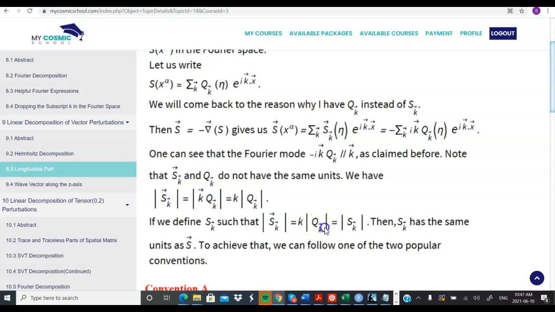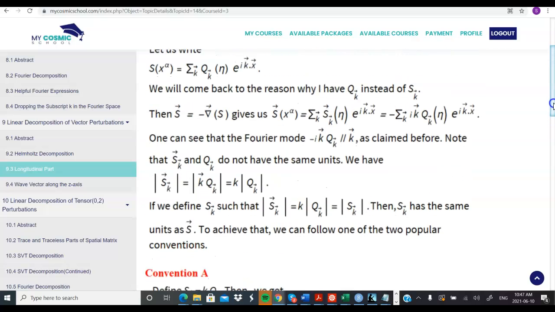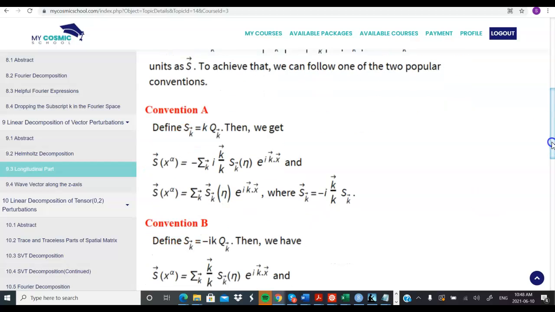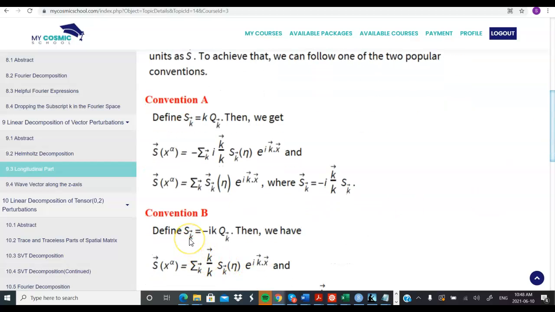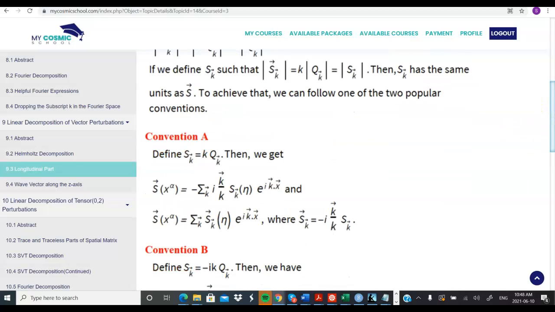That's what it is. So what is qk? Basically this sk over k, and in this case it is sk over minus iota k. So you can follow it. In this case, sk over k here.